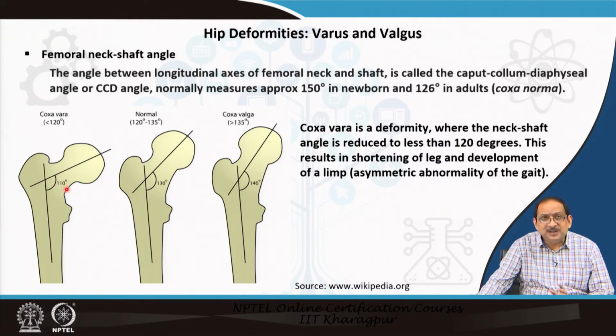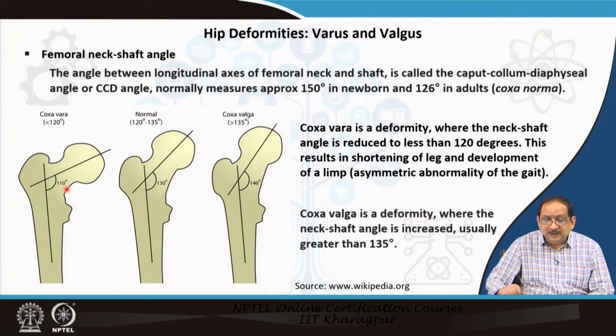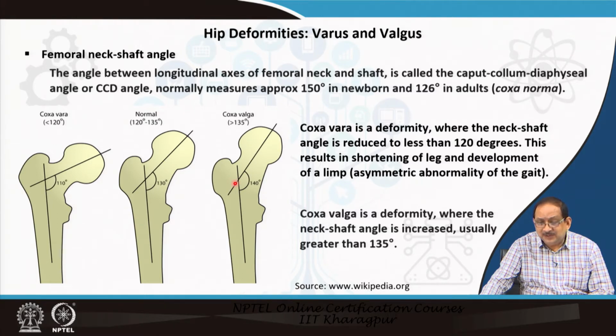This results in shortening of the leg and development of limp, asymmetric abnormality of the gait. On the other hand, the valgus is the condition where the neck shaft angle is increased. As you can see in this figure, it is usually greater than 135 degrees.